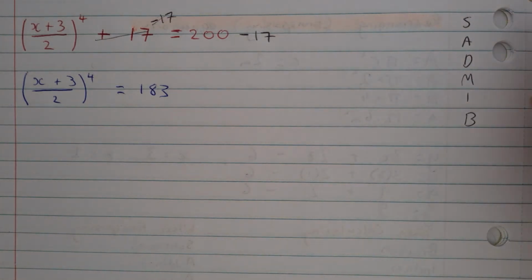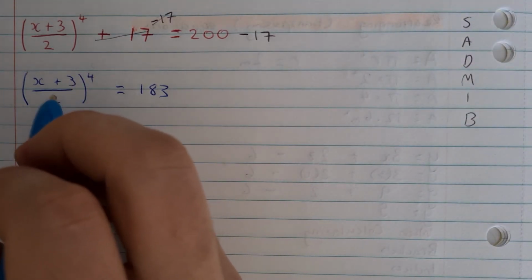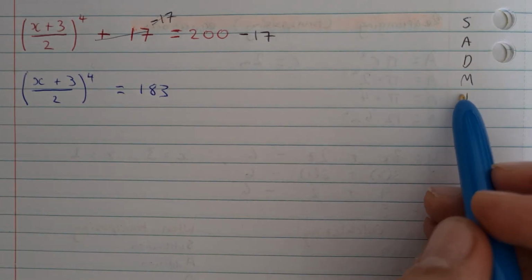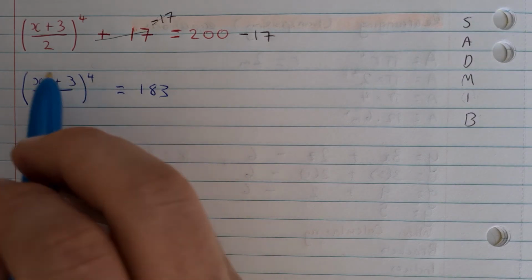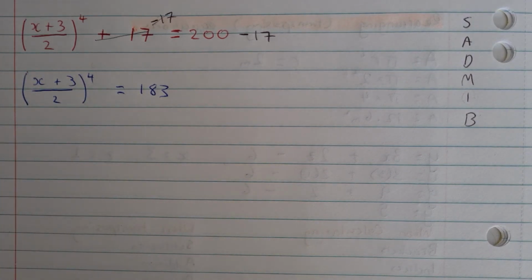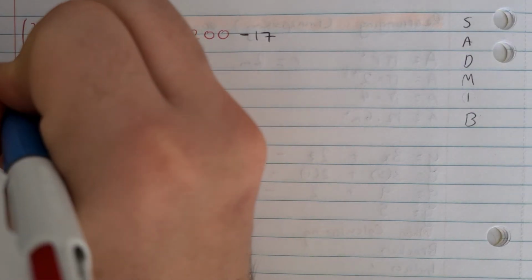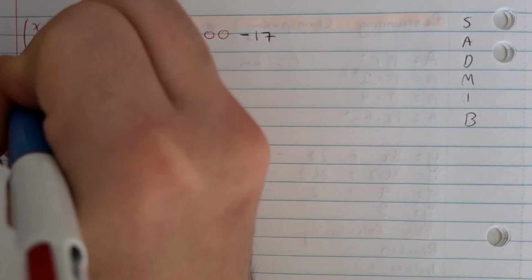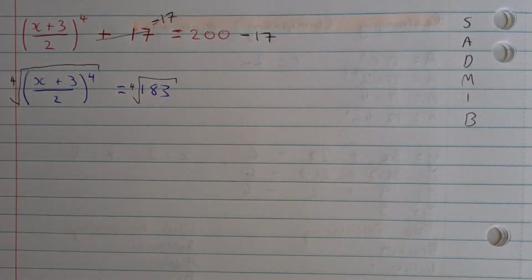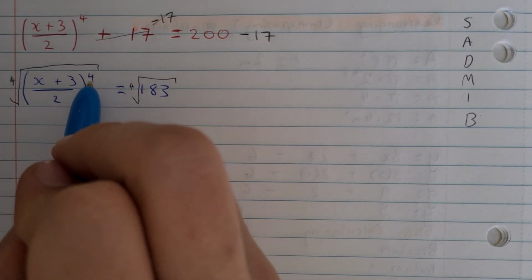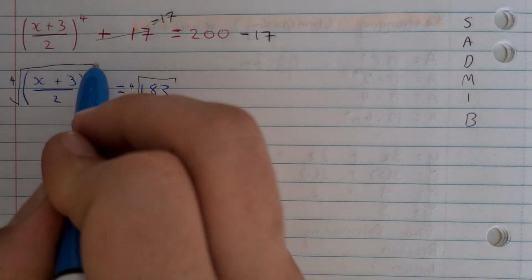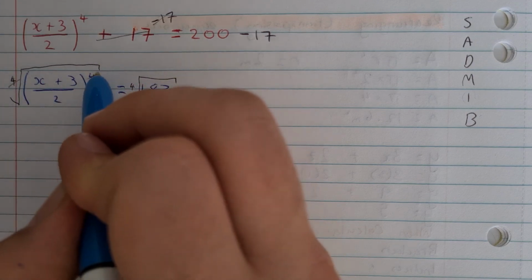The next thing we do have some addition and division here, but they're inside brackets. So we need to do the index first before we have a look at the brackets. We need to get rid of this power of 4. To do that, we need to find the fourth root of each side. If we have something to the power of 4, we need to find the fourth root. So this fourth root will cancel out the power of 4 there.